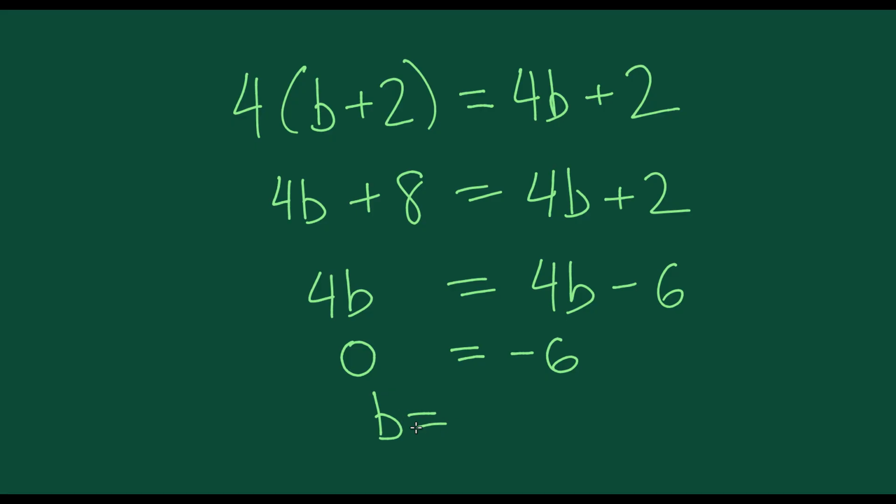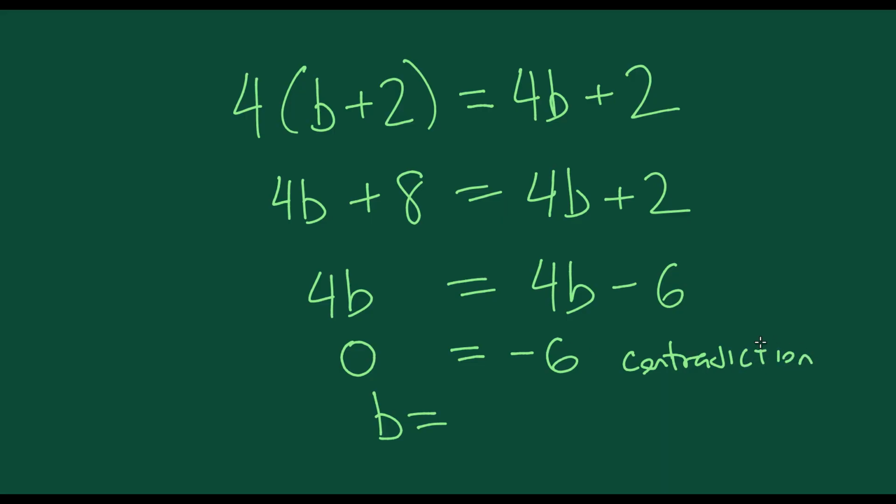Okay, so if you ever come to this point in a math problem, solving an equation, where you see 0 equals another number, where you see two different numbers supposedly equal each other, this is a contradiction. The variable has disappeared. Obviously, 0 does not equal negative 6.